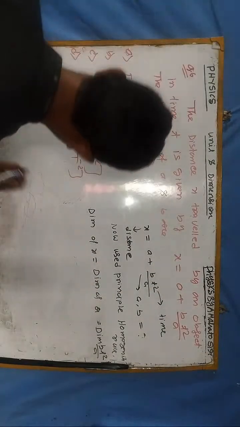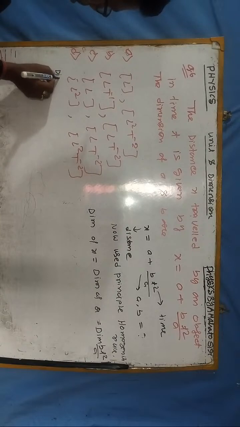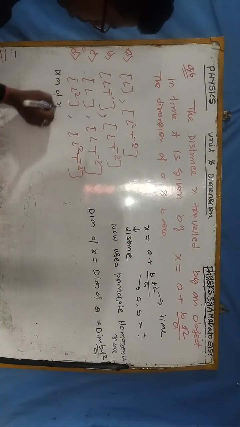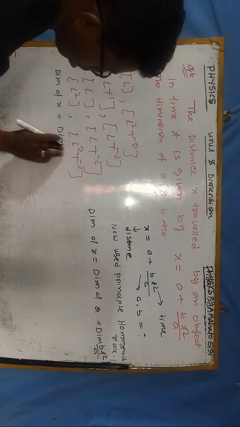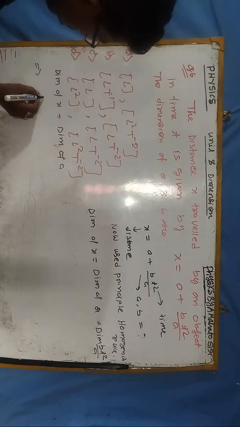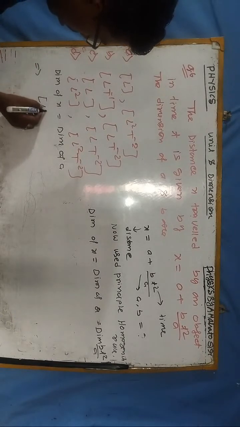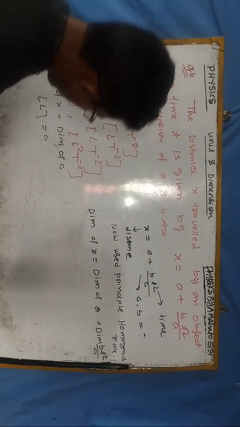First, dimension of x equal to dimension of a. So x dimension is L. So dimension of a is L.